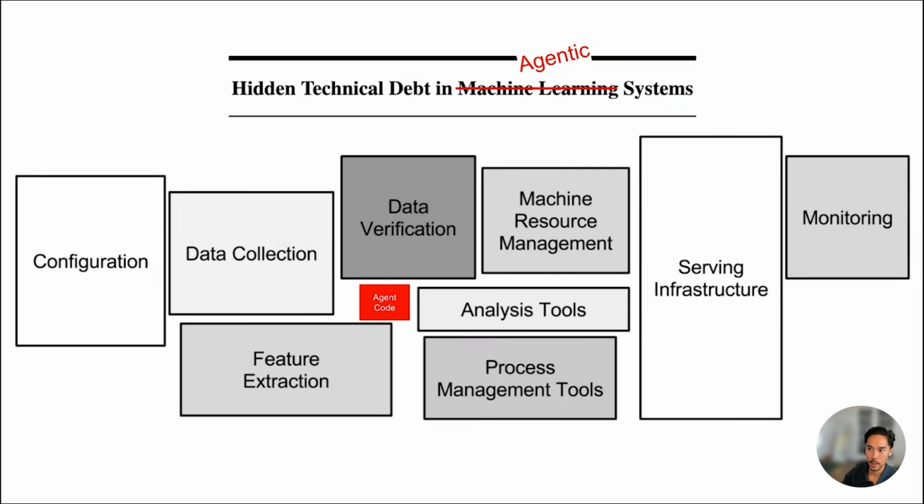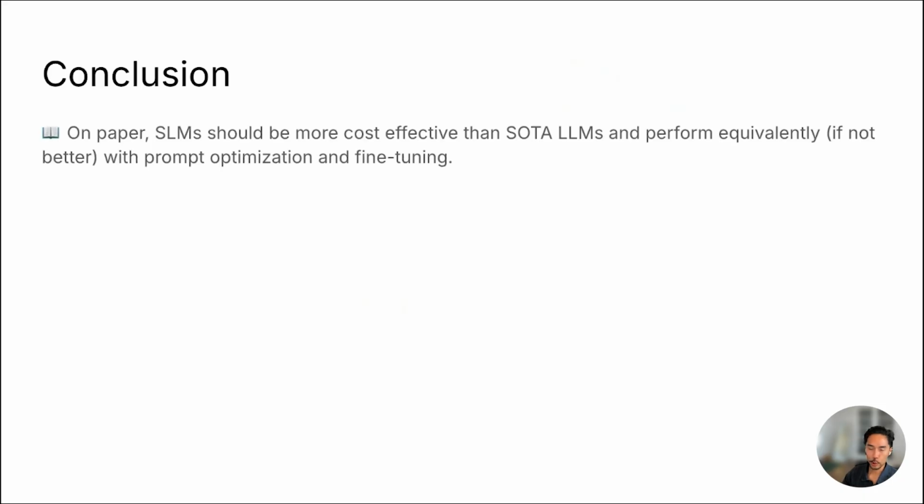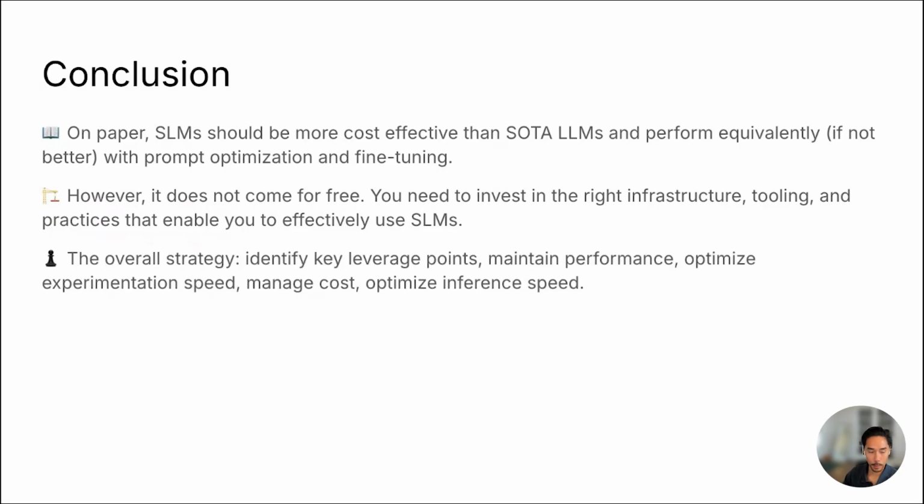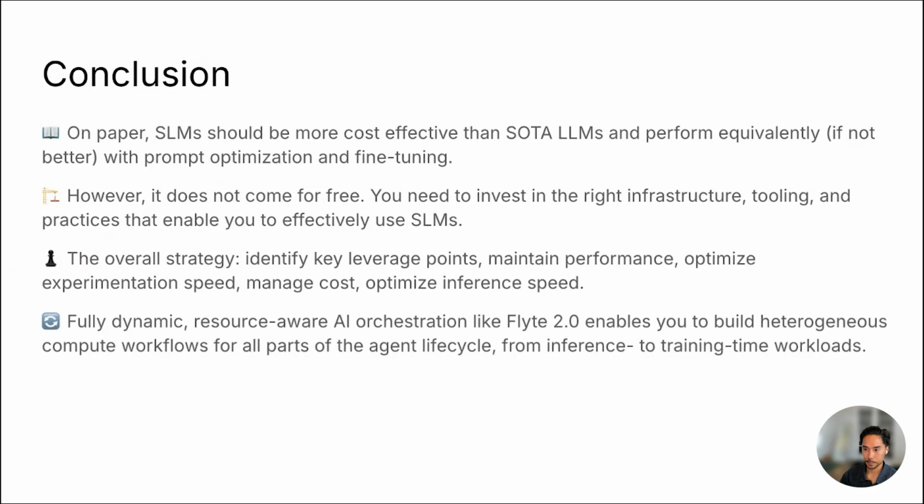So, conclusion: on paper, SLMs look awesome. They look like you should be able to save a lot of money. However, this does not come for free. You need to invest in the right tools, infrastructure, and practices to really use them effectively. Here we talked about this overall strategy of first identifying key leverage points, maintaining performance, optimizing experimentation speed, managing costs, and optimizing inference speed.